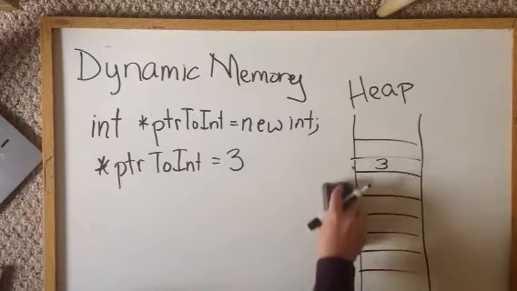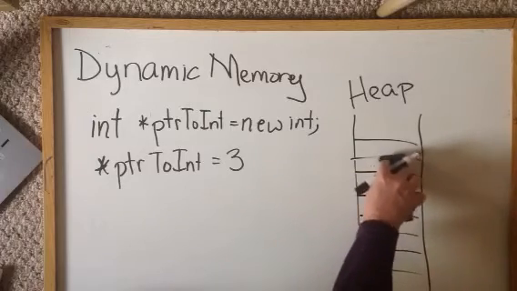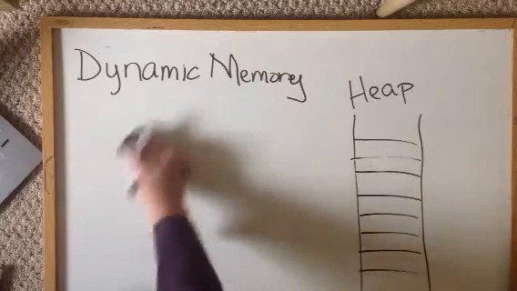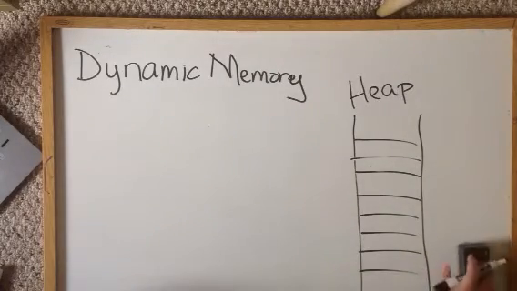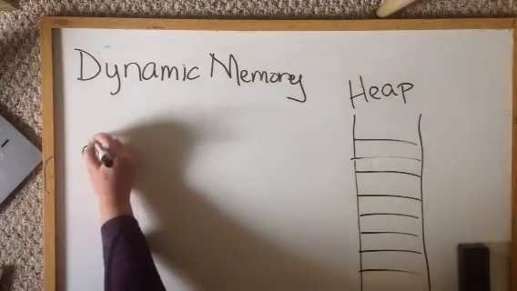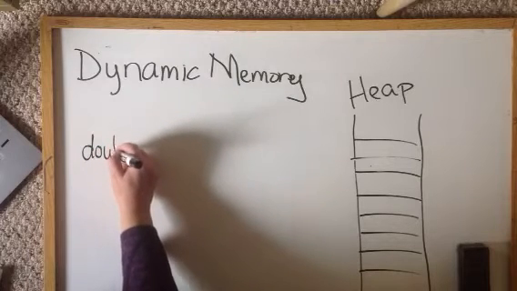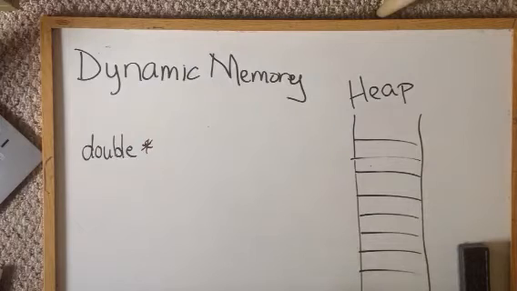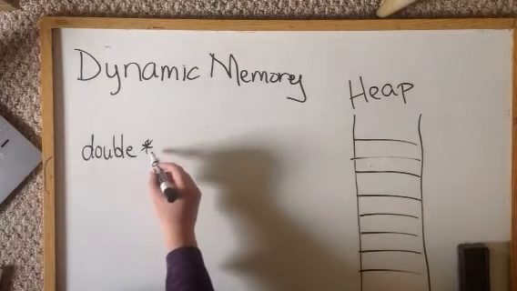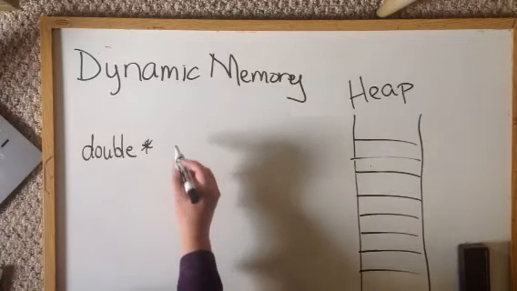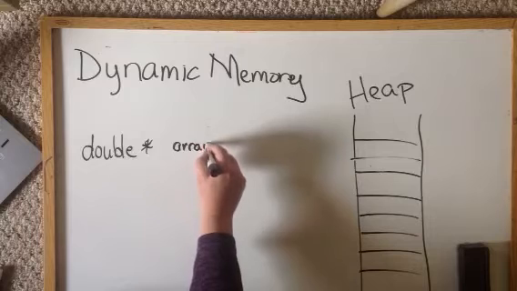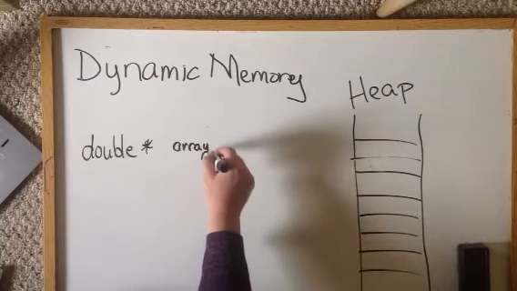So let's dynamically allocate an array. If we want to create an array of, let's do doubles for a change, we want to create an array of doubles, and so we're going to create a pointer to start out as our starting point, giving that address.